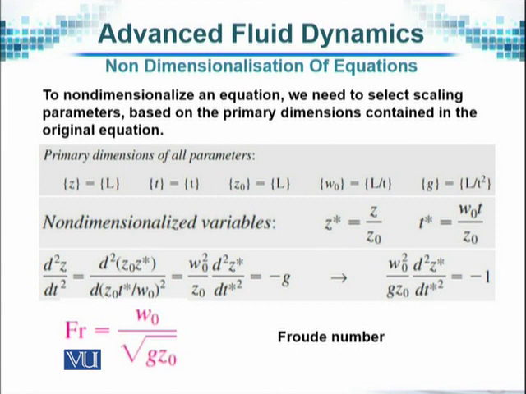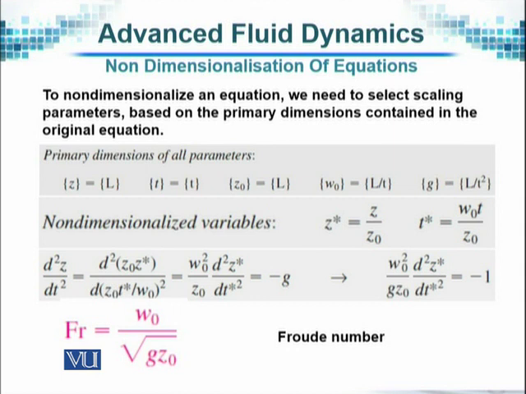Z0, that is a typical scale, will have the same dimensions as the length L, the variable Z. So when we divide Z by Z0, the number will become dimensionless. It will have no dimension.